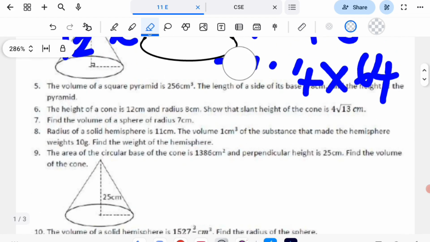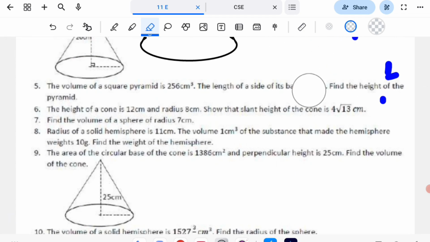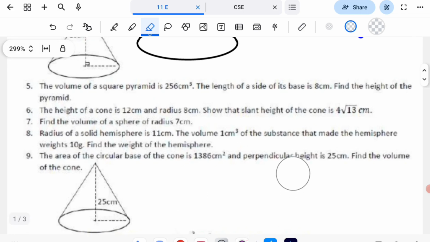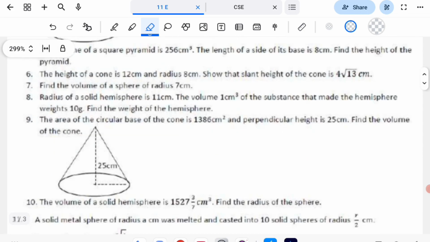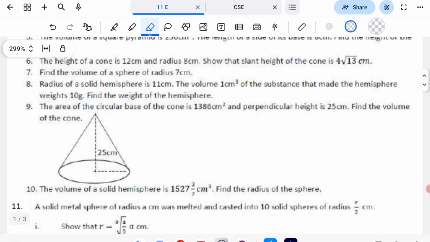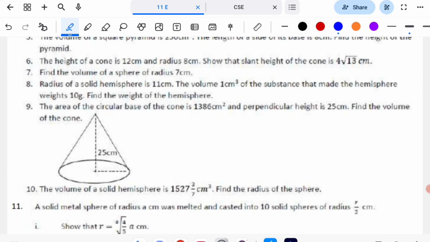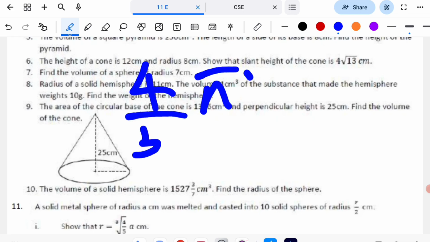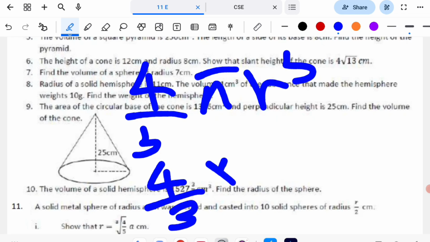Then question number 6. The height of a cone is 12 centimeters and radius 8 centimeters. No, it was solved one. Then question number 7. Find the volume of a sphere of radius 7. We can write the equation of volume of a sphere as 4 over 3 pi r cubed. 4 over 3, pi value is 22 over 7.